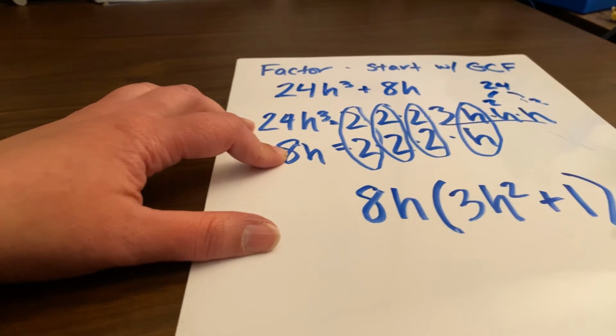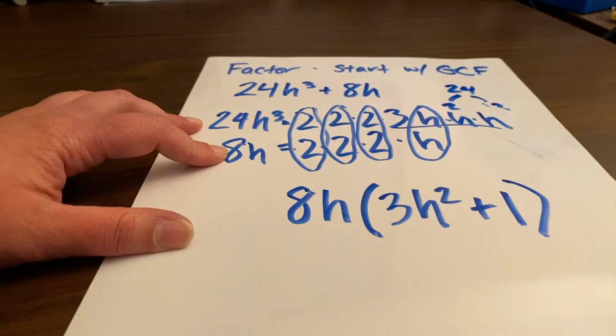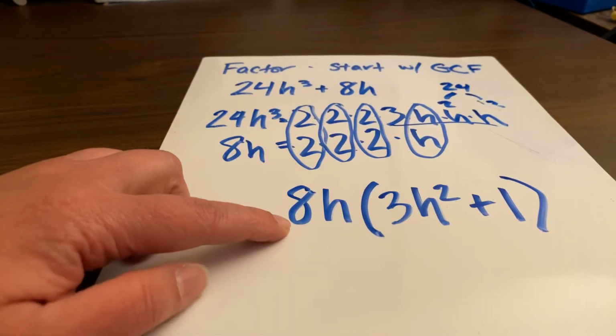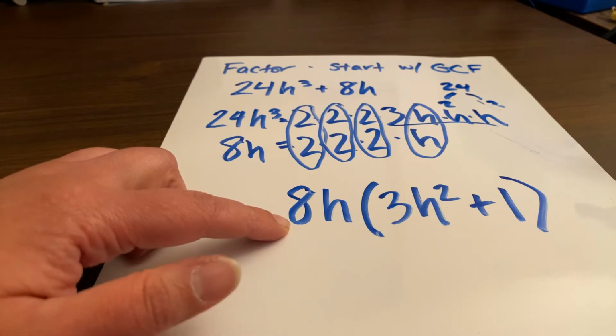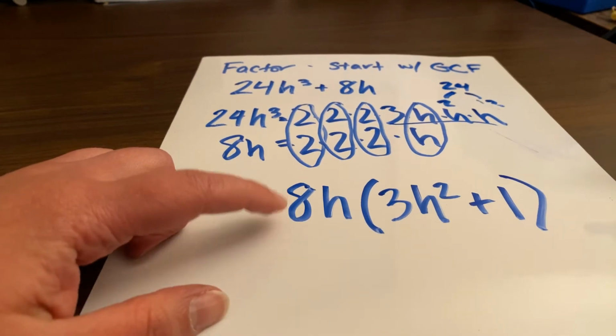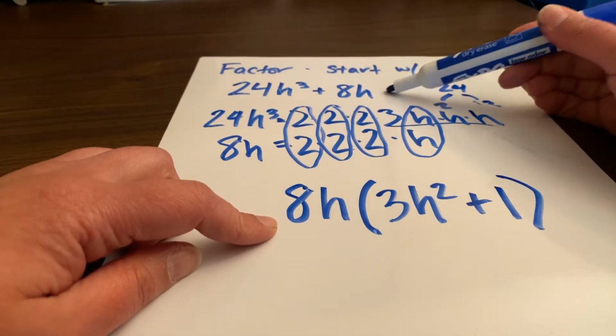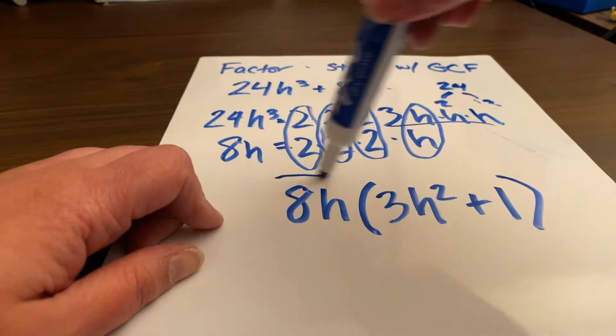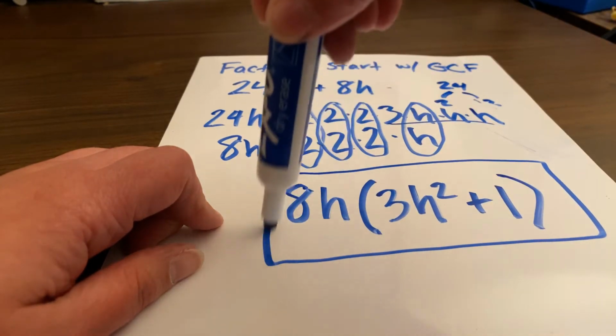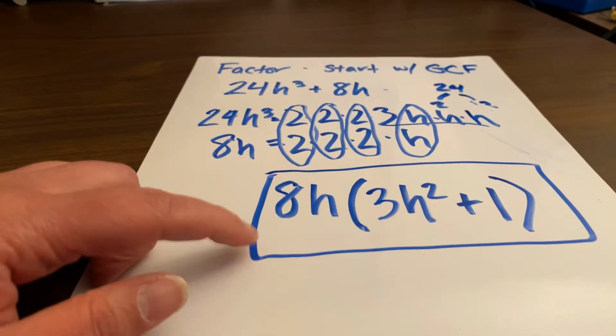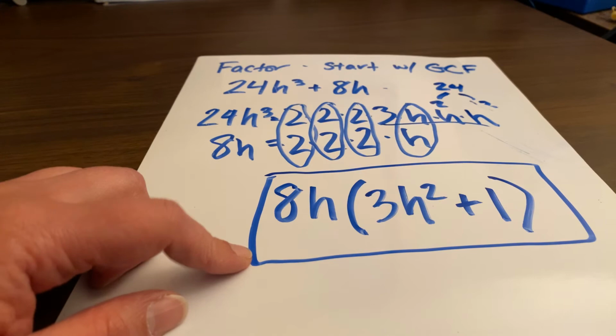The 1 is very important. Now, we have 8h times the quantity 3h squared plus 1. We have factored out the greatest common factor from our original statement. And that is where we will stop with factoring out the greatest common factor.